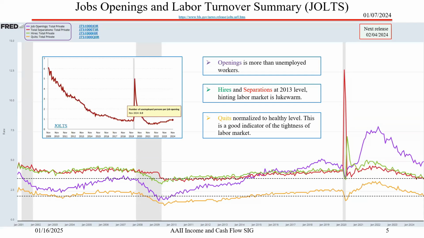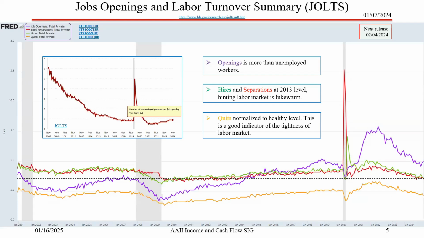Now, if you look at the purple line, the job openings rate, it's sloping down. Of course, the latest report showed a little tick up, and we will see whether it becomes a new trend or is just an anti-trend. Now, the bottom gold or yellow line shows the quits.